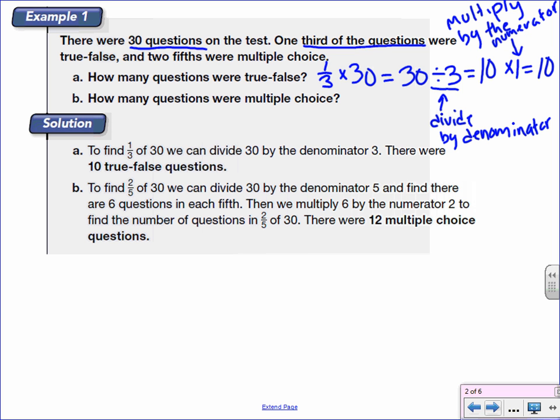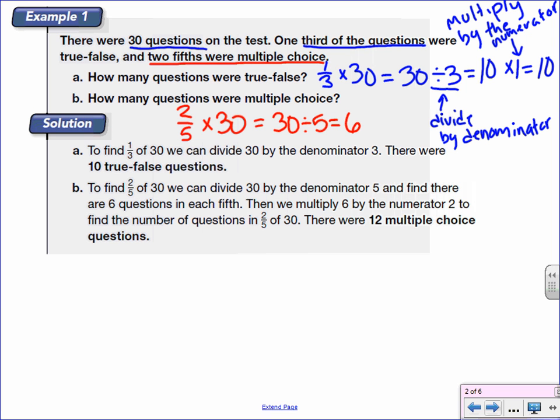So in the second one, we have 2/5 are multiple choice. Well, 2/5 we would write as 2/5. And again, we multiply by the numerator, divide by the denominator. So when I take 2/5 times 30 questions, what that means is 30 divided by the denominator, 5.